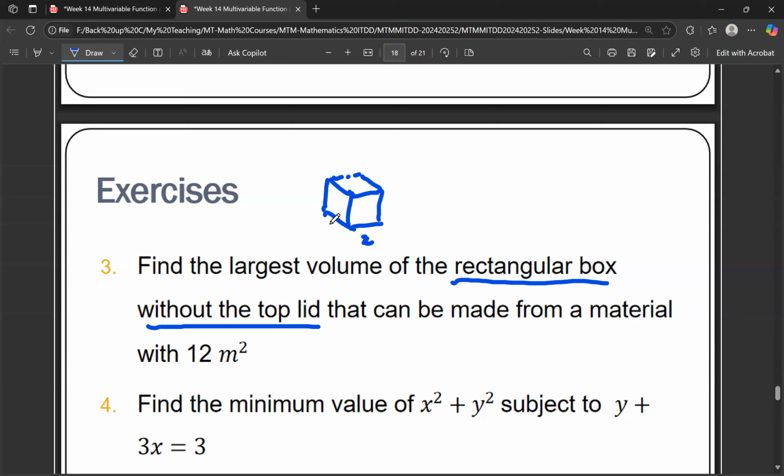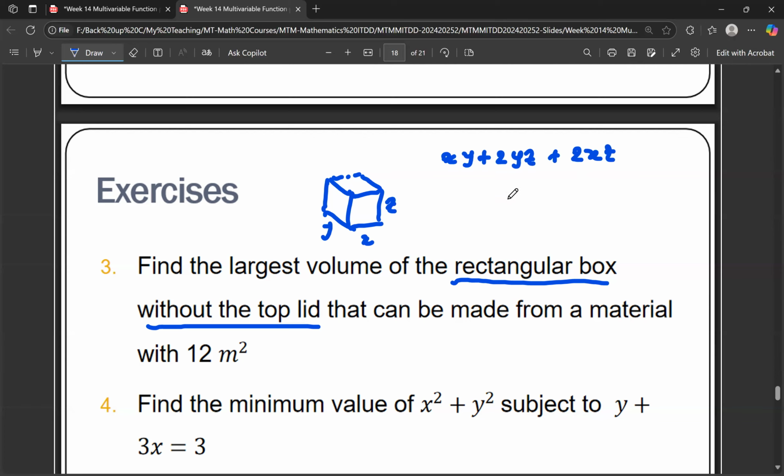If the dimensions are x, y, and z, they cover only five planes without the top lid. So we have xy plus 2yz plus 2xz.